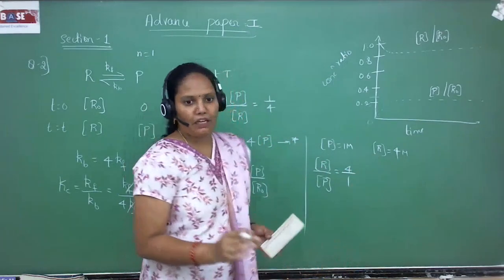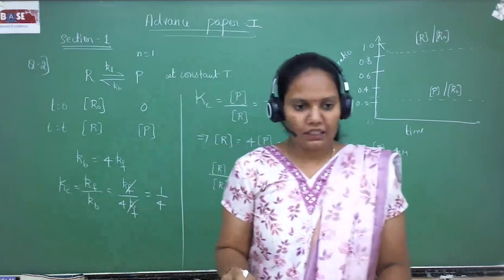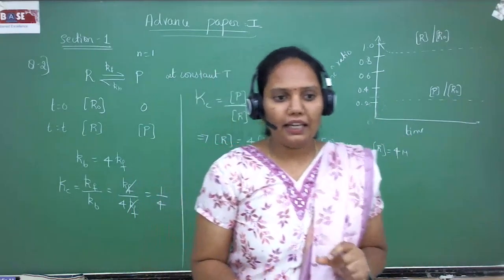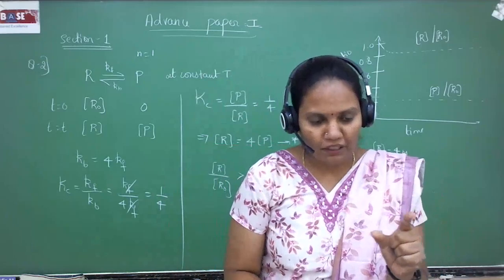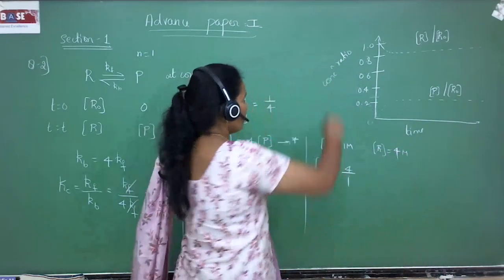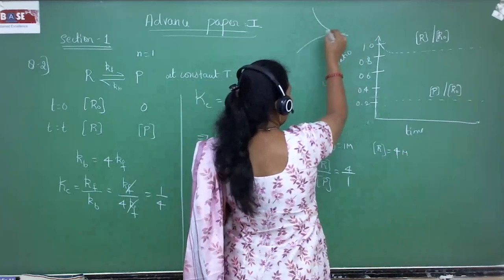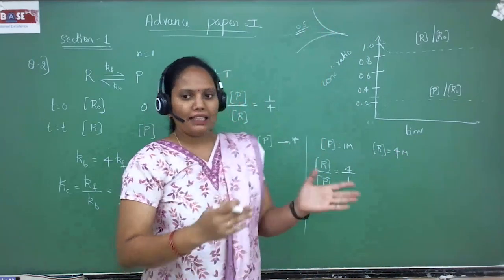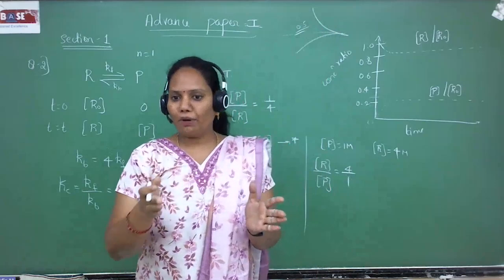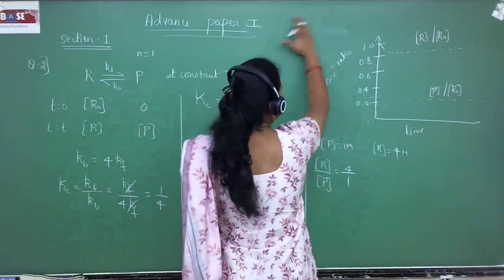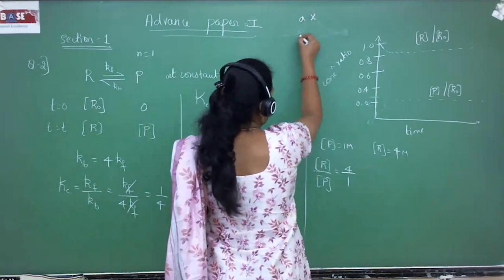Now if I look at the graphs carefully, in graph A, the reactant ratio and product ratio will be 0.5 and 0.5. So it meets like this, at 0.5. That indicates that the reactant to product concentration ratio will be 1:1. That's not correct. Therefore, we can clearly say that A is incorrect.